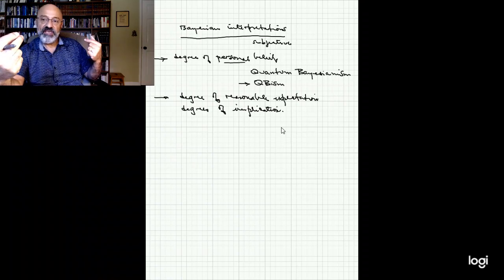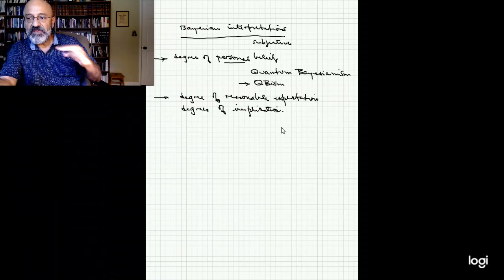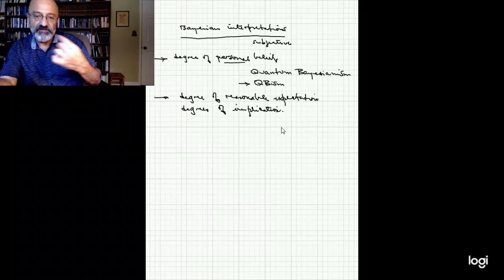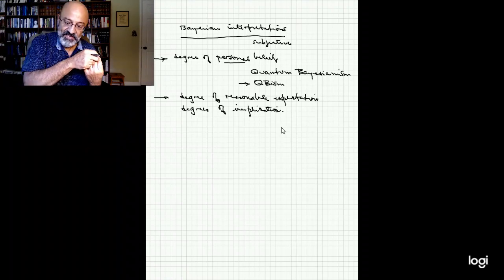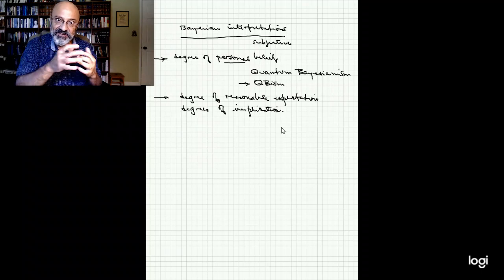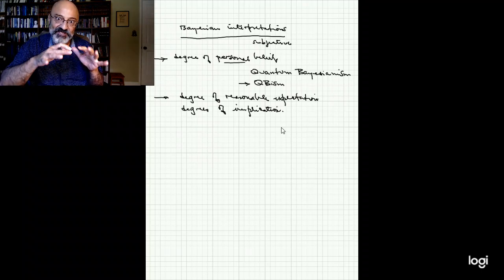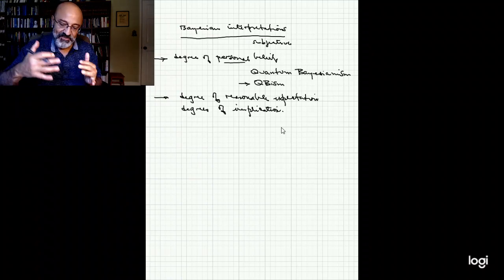But now let me say A implies B. If we know that B is true, you cannot go back. You don't have certainty that A necessarily is true. So the implication is not complete. Maybe there is a degree of implication.